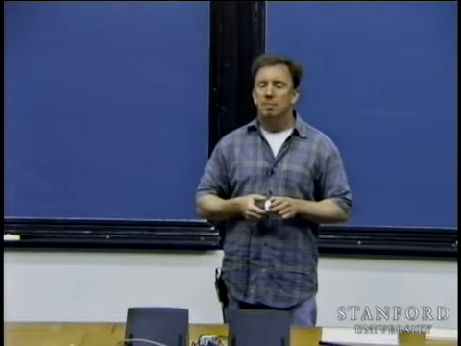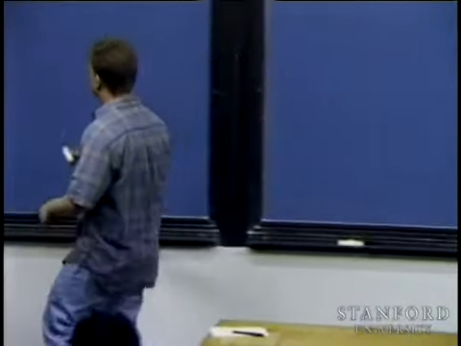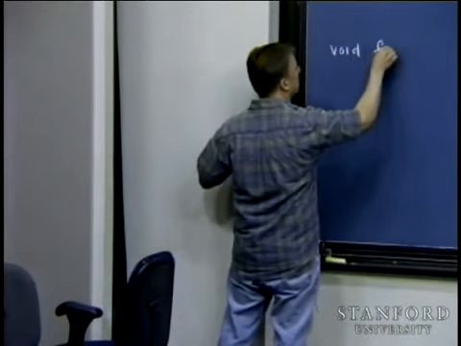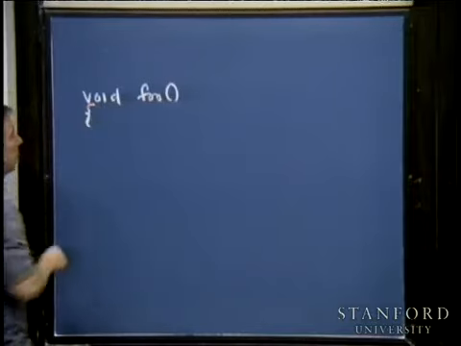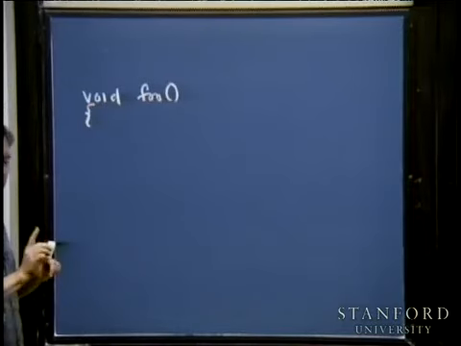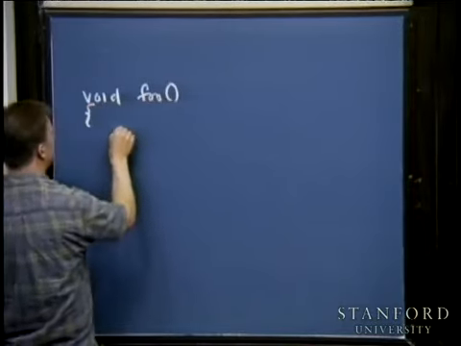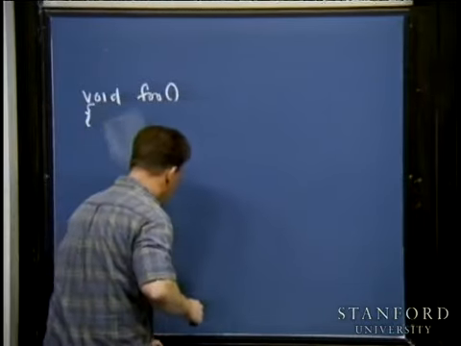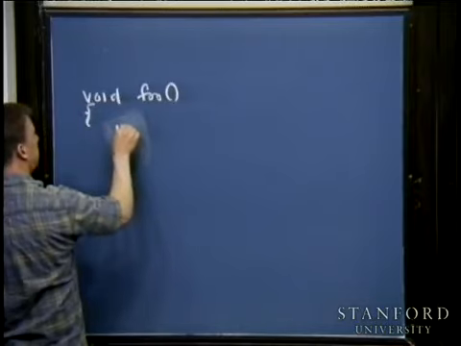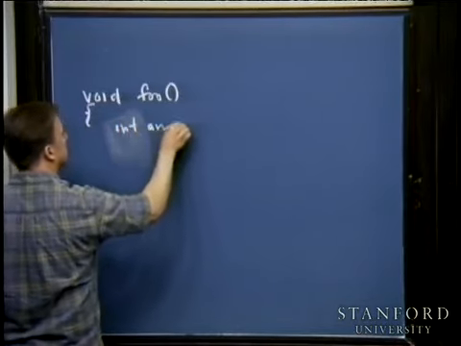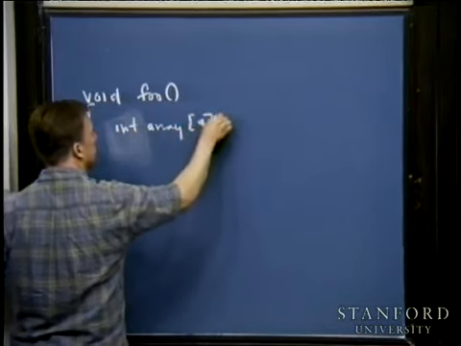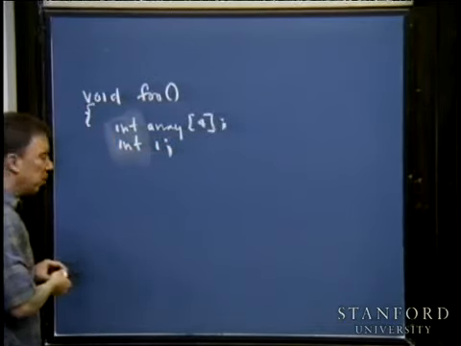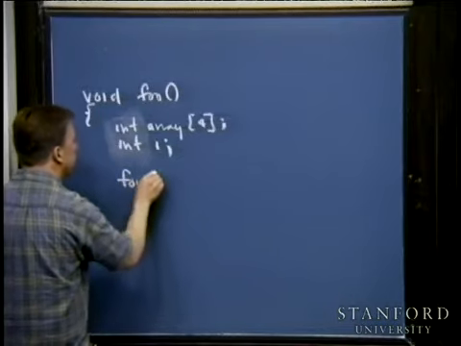I left you last time with this example, but I got several questions about how it worked, which probably means that I rushed through it in the last 5 minutes of class, which is probably true. We had something like this, where I declared an int array of length 4, an int i to serve as a for loop index, and then I'm just going to go do this.